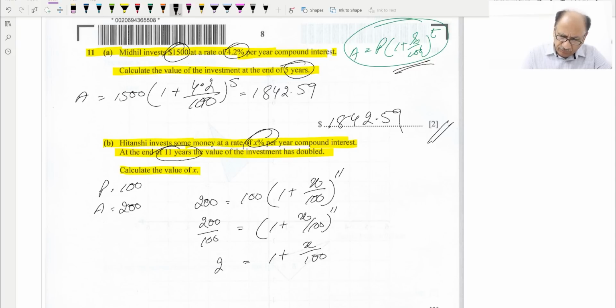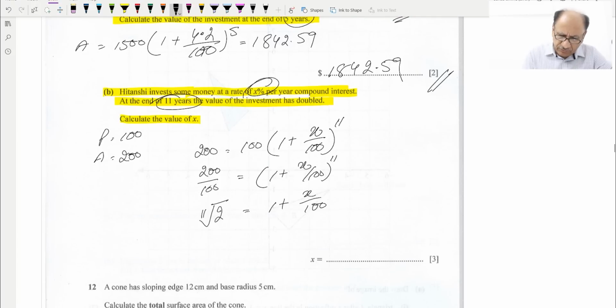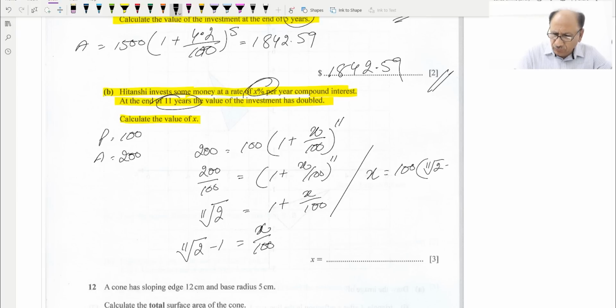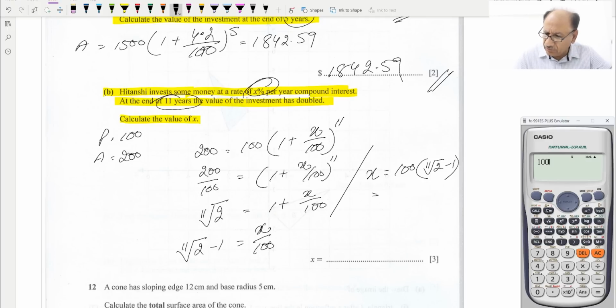To get rid of this power 11, we can take the 11th root of 2, and then we will shift 1 also. So the 11th root of 2 minus 1 is equal to x over 100, and this implies x will be equal to 100 into (11th root of 2 minus 1).